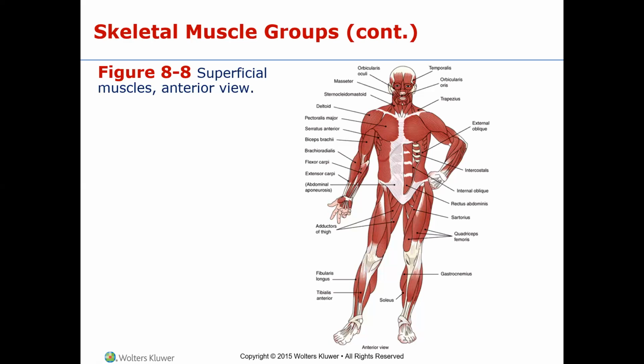So you won't need to know that one. The fibularis longus, you will need to know, is on the lateral side of our calf. And the tibialis anterior, which is this one in the center, runs down our shin.